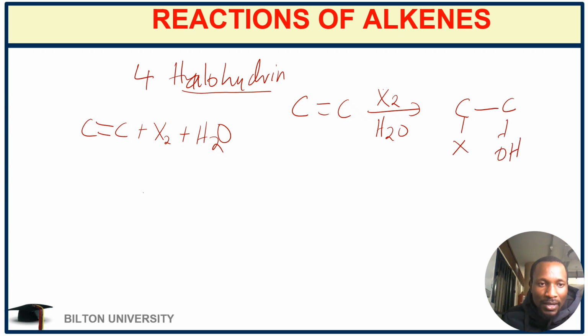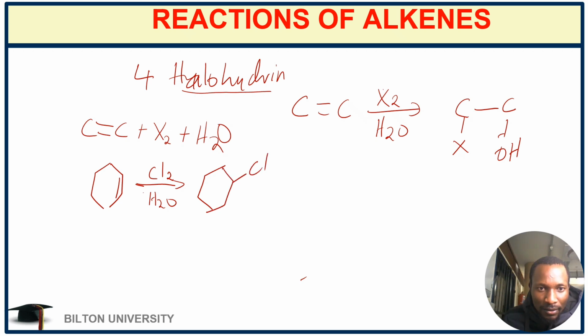So let's look at a real example, whereby now we have our chlorine and we have water, so it's going to give us chlorine and OH. But we have said that it is anti-addition, so let's show the stereochemistry.